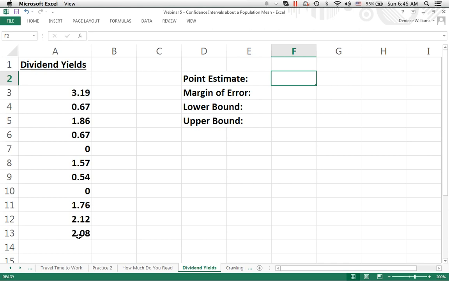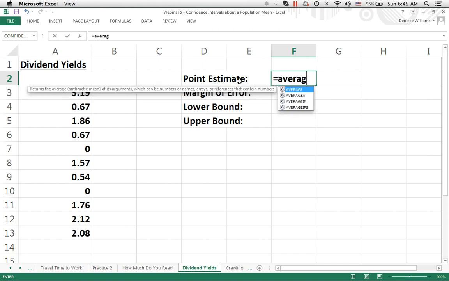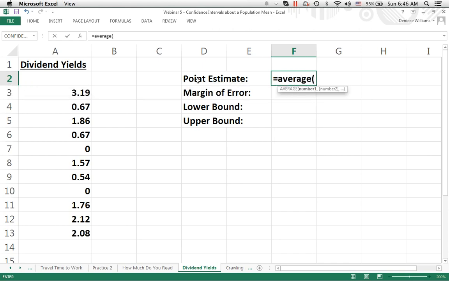The first way is a way that we have done before, from the first webinar, where we talked about how to find the average of the data set using Microsoft Excel. So we can use the average function for this data set, which will give us our point estimate, and that's there.